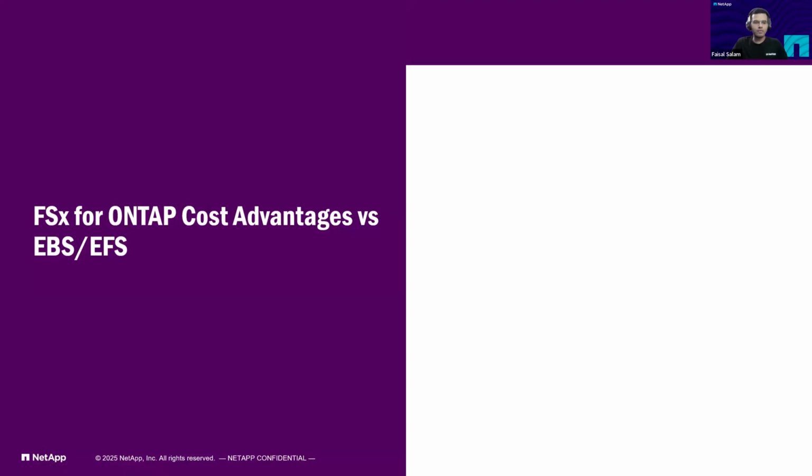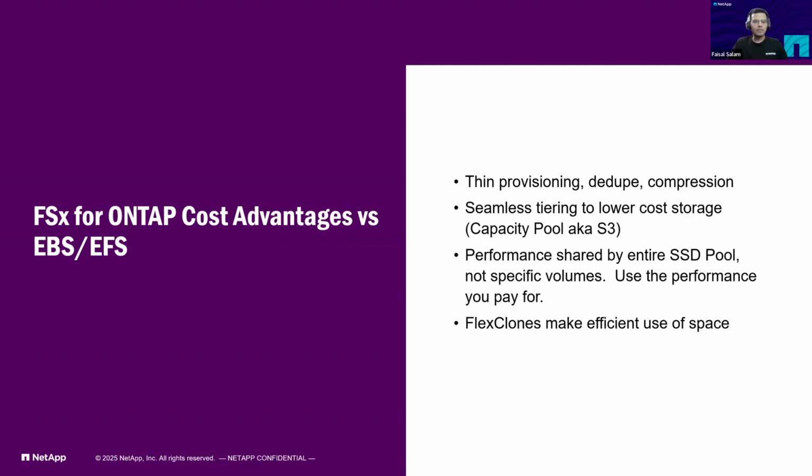Now we do a comparison of the FSx file system with EBS and EFS. Those are the other services that are available from AWS. In the case of FSx, because of the native ONTAP features of thin provisioning, dedupe, and compression, we have all of these space efficiency features available, right?